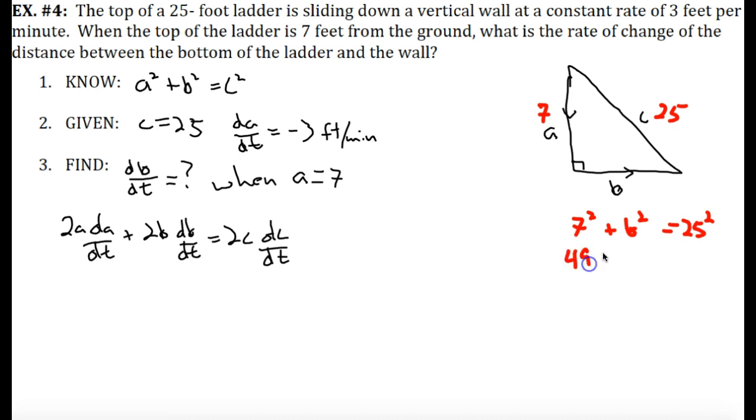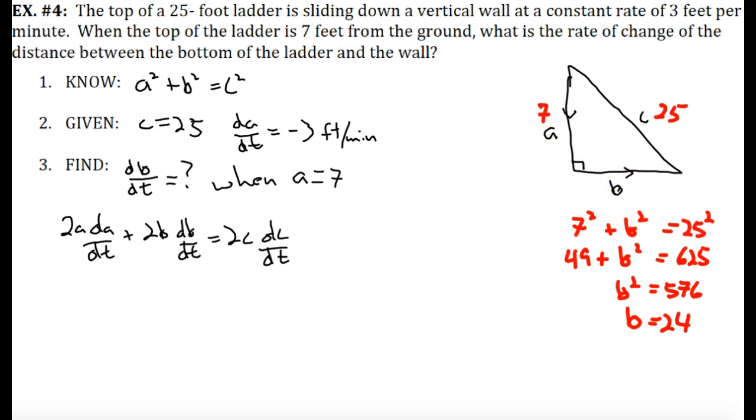So 49 plus b squared equals 625. Subtract the 49 over, we get b squared equals 576. The square root of 576 is 24. If you recognize right off the bat that this was a Pythagorean triple, good for you. B would be 24.